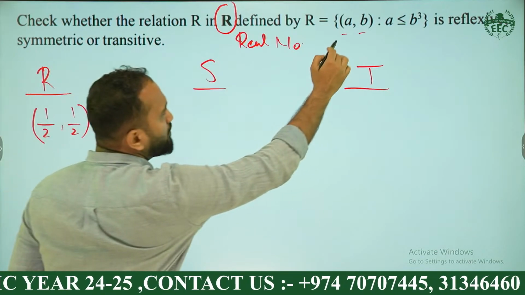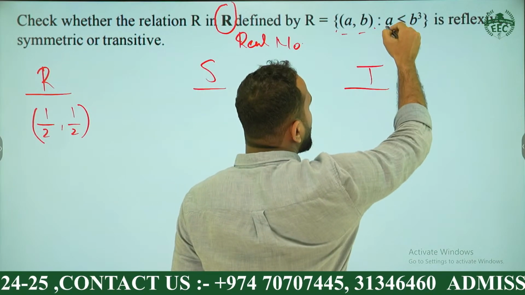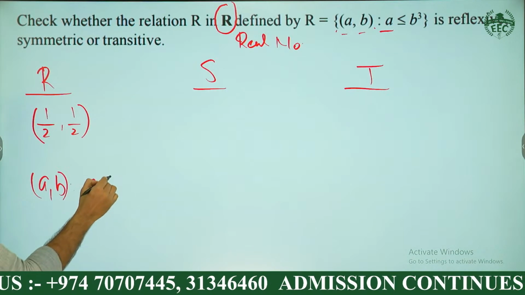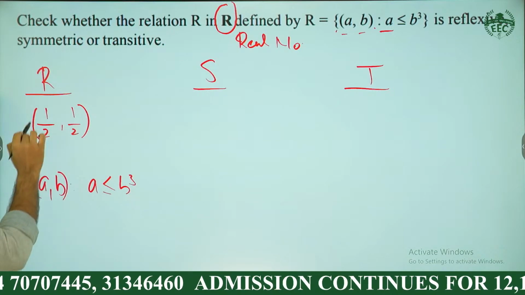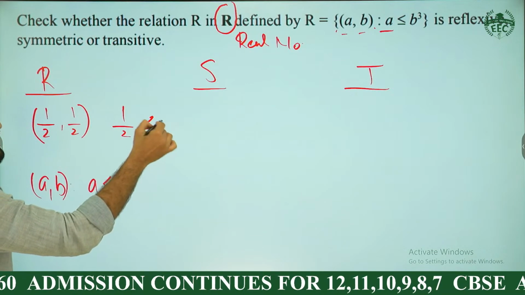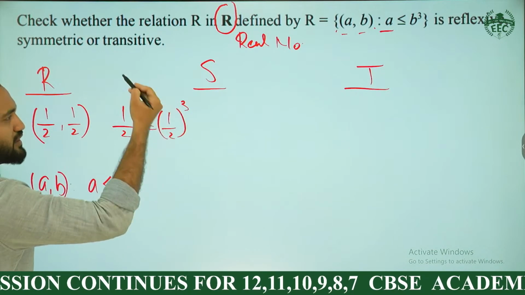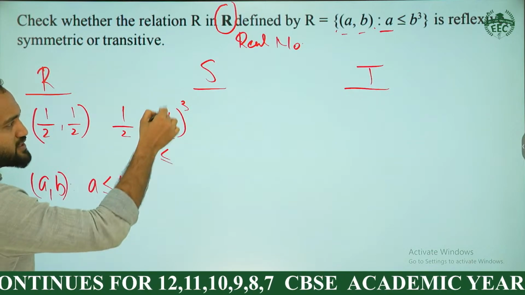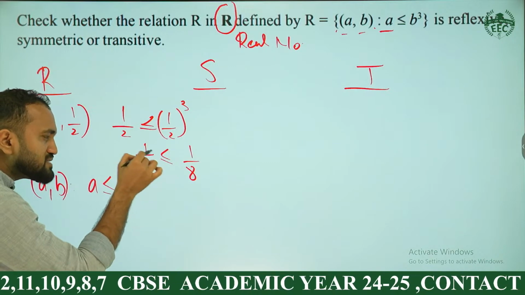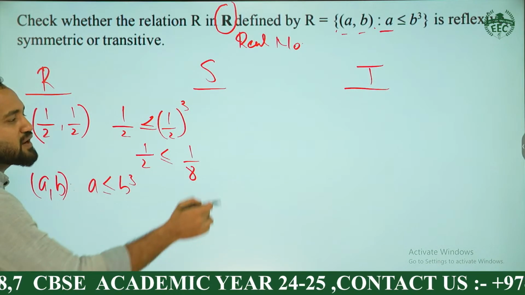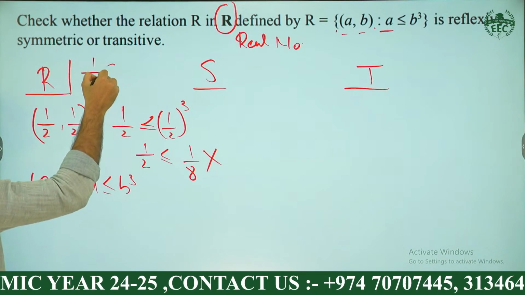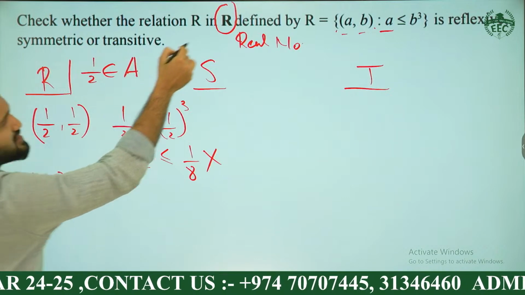If (a, b) is there, then a should be less than or equal to b cube. So, for (1/2, 1/2) to be there, 1/2 should be less than or equal to (1/2) cubed. What is (1/2) cubed? 1/8. So 1/2 is either less than 1/8 or 1/2 is equal to 1/8. Both conditions are wrong.